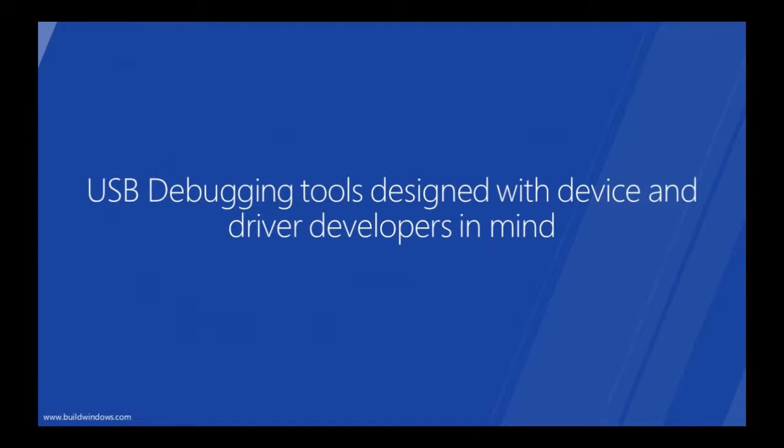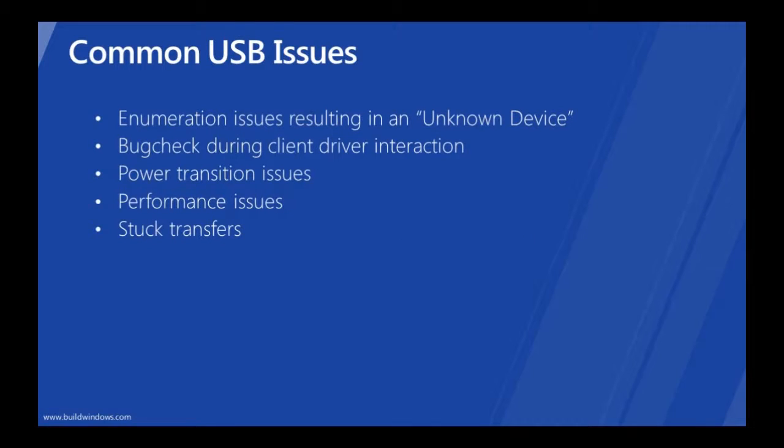We've spent a lot of time thinking about how device and driver developers will use the debugging tools. We actually have a vested interest in developing great debugging tools, since these are the very tools that we use ourselves to debug and diagnose USB issues. In designing the debugging tools, we looked at a variety of common issues that come up during device driver development and support.